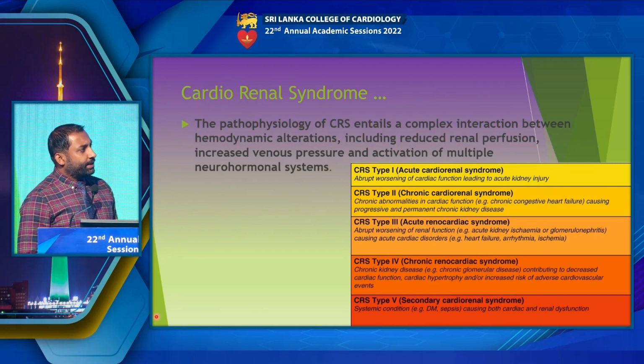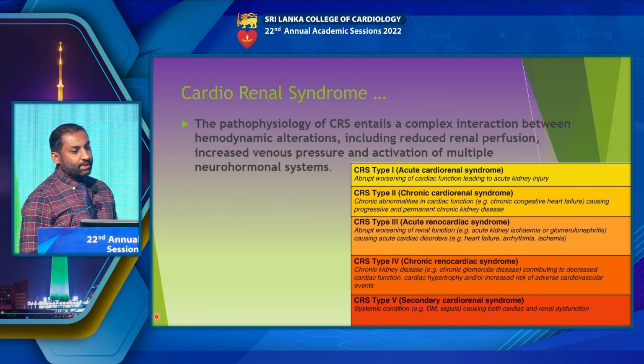Basically this slide classifies the types of cardiorenal syndromes which can happen in clinical settings. It's quite easy to remember. Cardiorenal syndrome type 1 is acute heart failure resulting in acute kidney injury. Cardiorenal syndrome type 2 happens as chronic kidney injury as a result of chronic heart conditions.